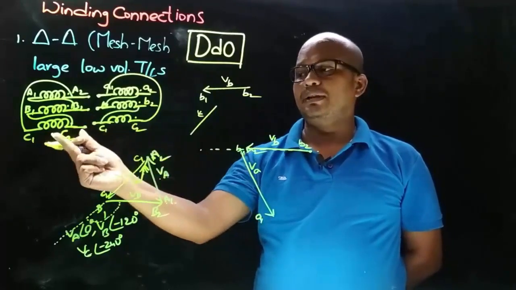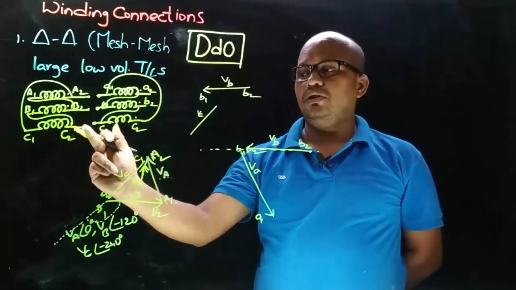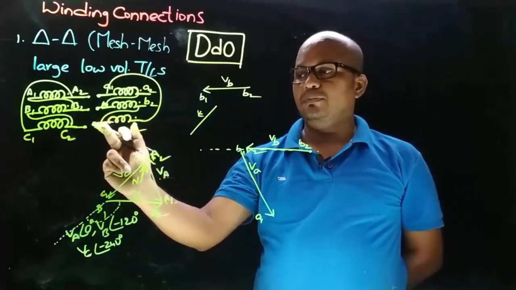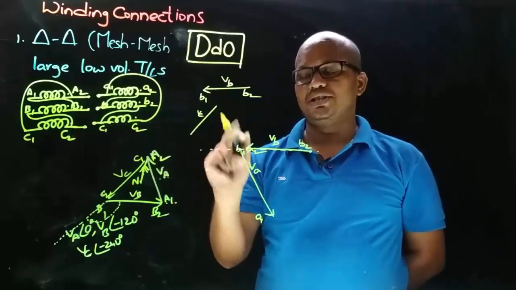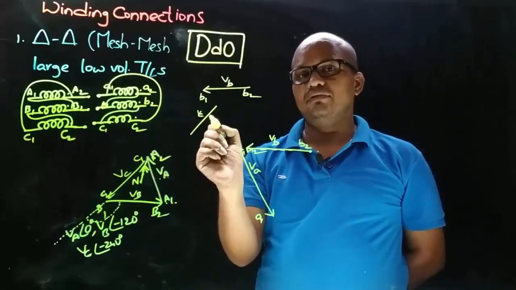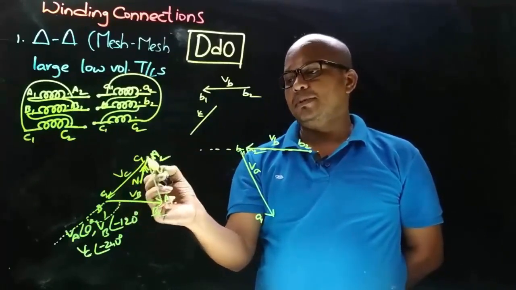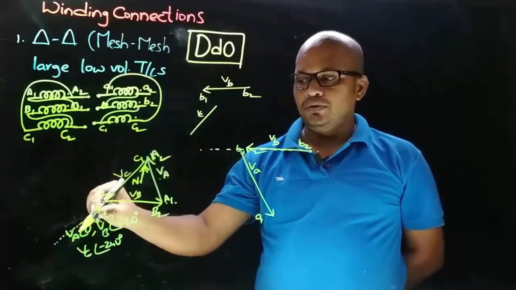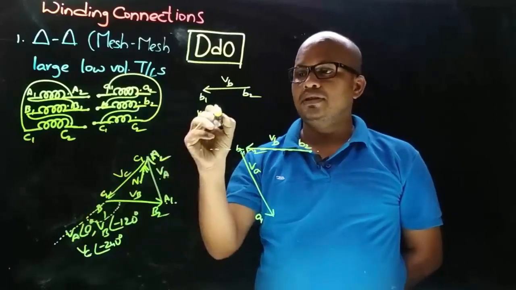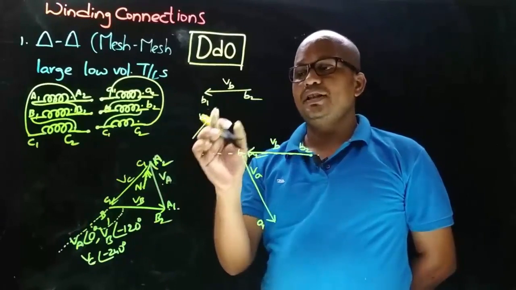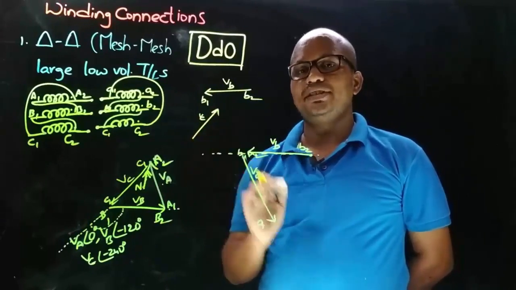Here the primary side connection is taken from the dot end, and on the secondary side the connection is taken from the non-dot end, which means opposite direction. So the secondary side VC phasor will be opposite to the primary side VC phasor. The primary side VC phasor is pointing in this direction, so the secondary side VC phasor will point in this direction.